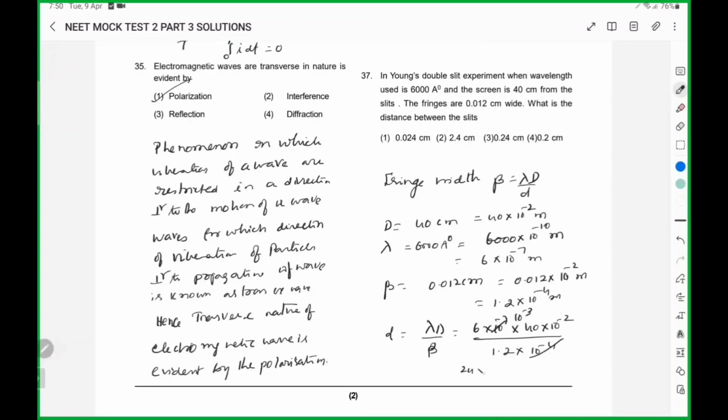So it is 24 into 10 power minus 4 by 1.2, this I'll write 12 by 10. 2 into 10 power minus 3 meters, which is 2 centimeters.